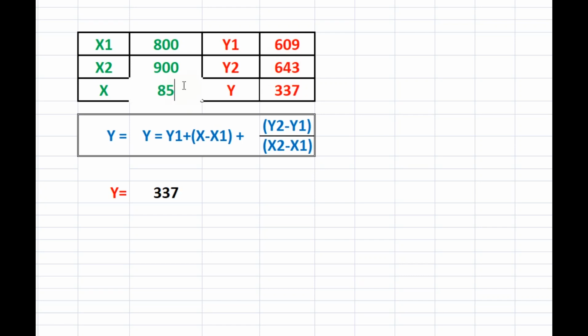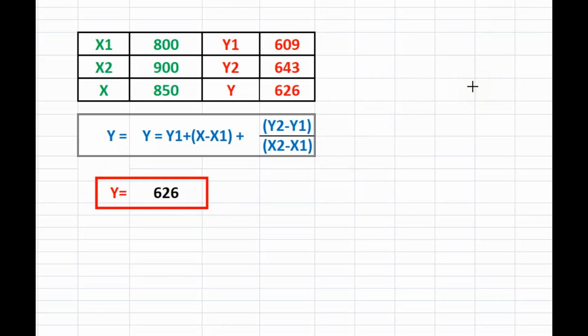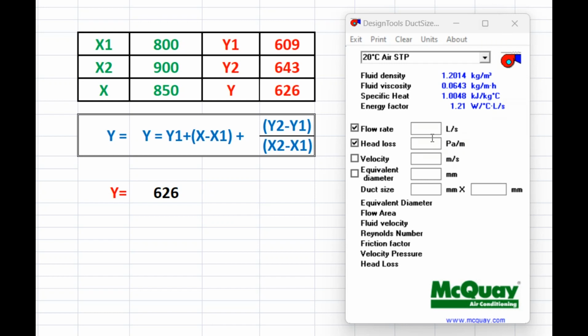So for 850 we will have equivalent round duct diameter value equal to 626. Now we'll confirm by McQuay calculator also. Flow is 2000 liter per second, size 850 by 400, then you can see the equivalent round duct diameter is 626, same as we found here.